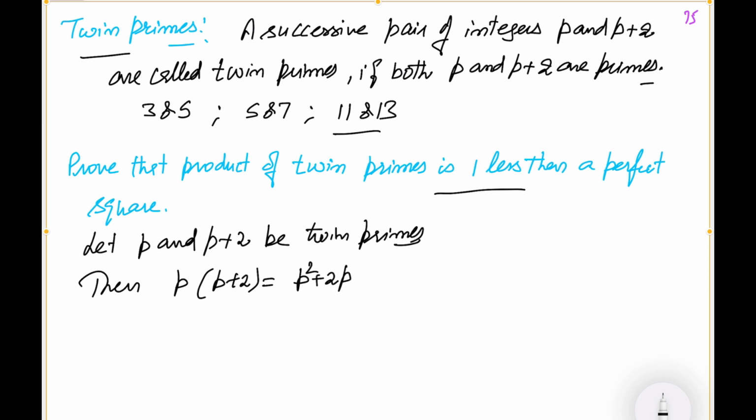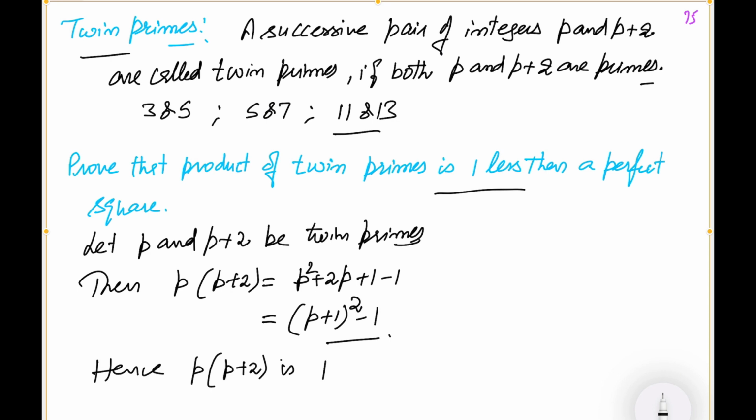Let's try to complete the square. We add 1 and subtract 1. Very easily this is written as p plus 1 whole square minus 1, which is clearly 1 less than a perfect square. Hence p times p plus 2 is 1 less than a perfect square.